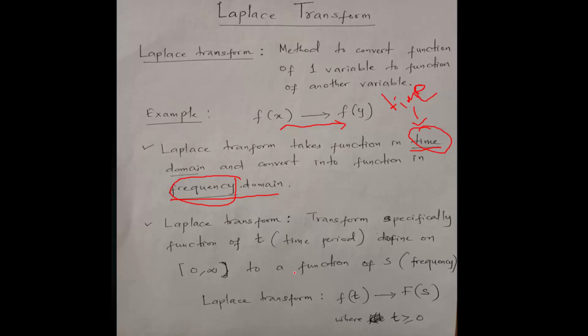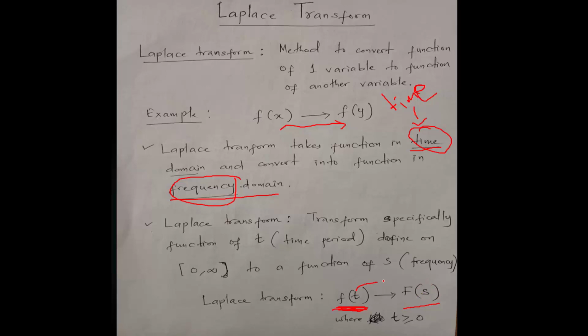So meaning we're going to convert a function of this type f(t) to a function of f(s). Now what is t? T here would mean time period, s here would mean frequency. So using Laplace transform we're going to convert a function that is of time period to a function that is of frequency.